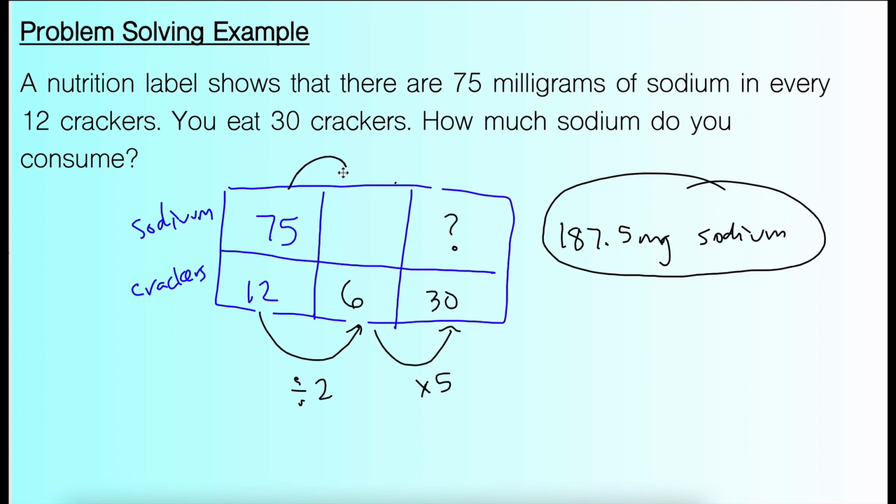So cutting 75 in half, dividing by 2, is 37 and a half. And then to get from 6 to 30, I multiplied by 5. So my jump up here would be 37 and a half times 5, which also gets you to 187.5 milligrams of sodium. Like I said, ratio table, not the only way to solve this problem, though it is a tool that you could use, and we're going to encourage you to use it from time to time.